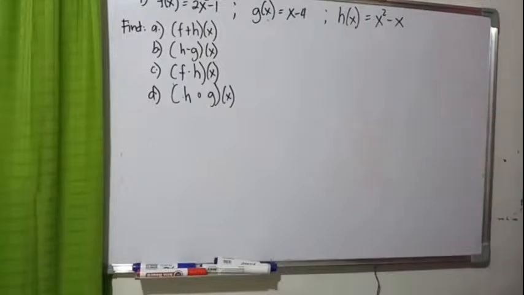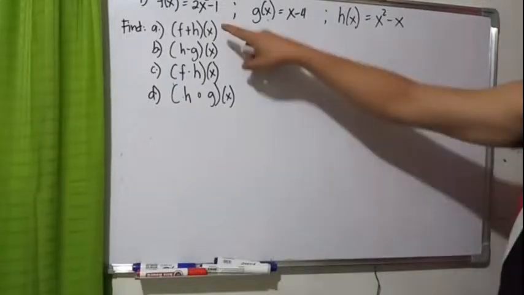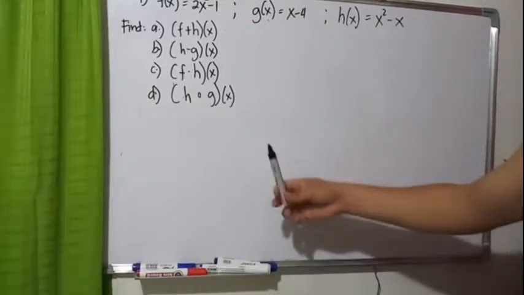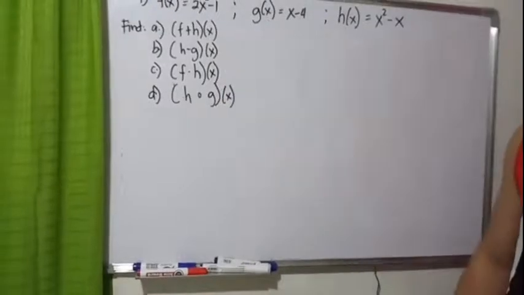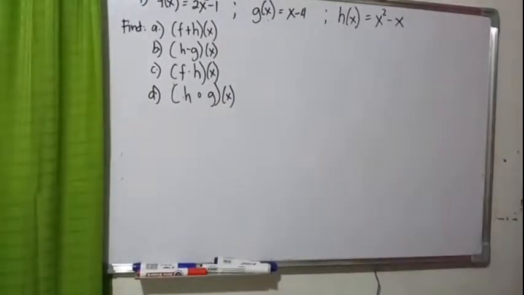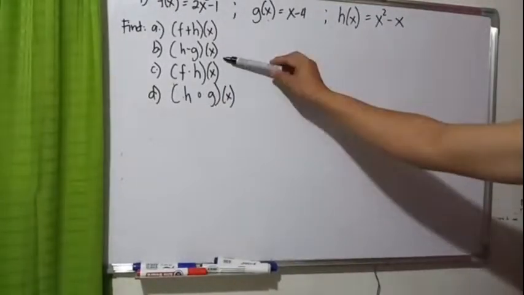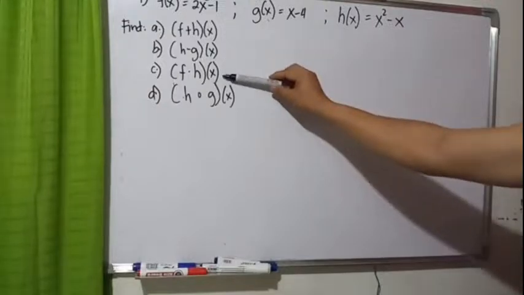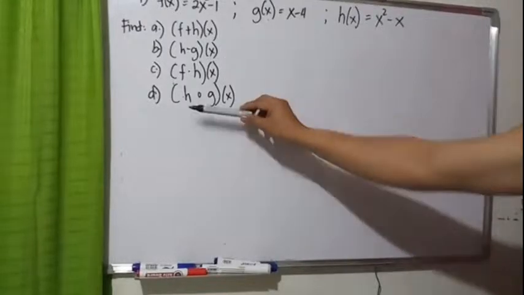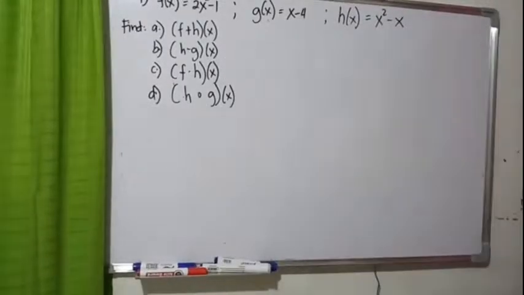So meron tayong question dito. So una, find f plus h times x. So that is operations of functions, that is sum. This one, letter B, is difference. Letter C is product. And letter D, that is the example of composition of functions.